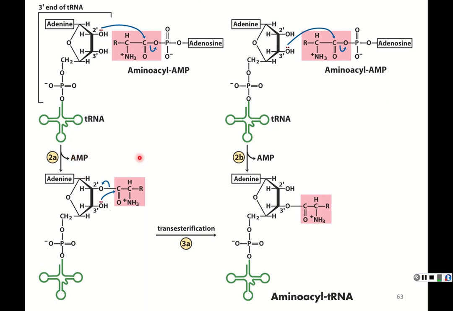In both cases, you get release of AMP, and you have amino acid stuck to the final terminal adenine base in your tRNA. In class 1, the amino acid can stay at the 2' position, or you can get what's termed trans-esterification, where the 3' hydroxyl then attacks it, and it switches from the 2' to the 3' hydroxyl, but again, not super important in our class.